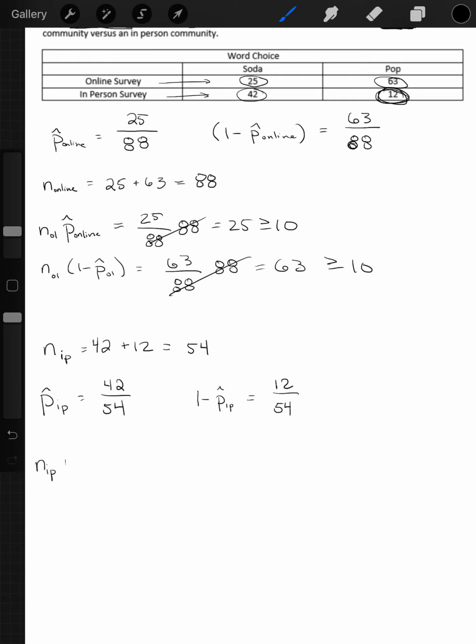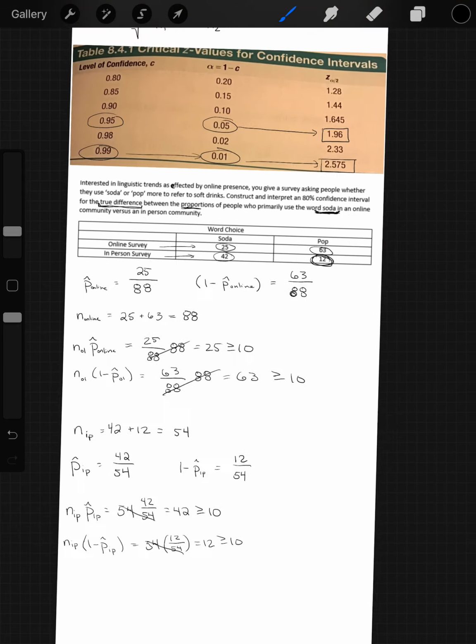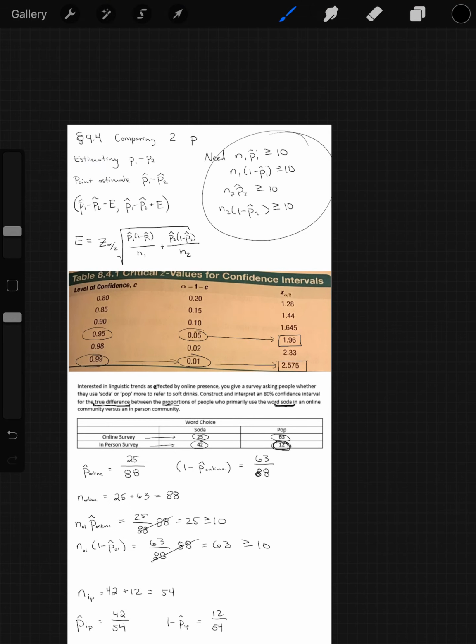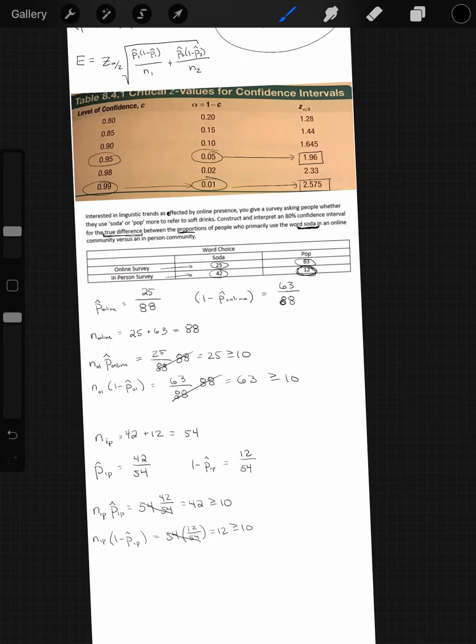So the n in person times the in-person proportion is going to be 54 times 42 over 54, which is 42, which is bigger than 10. And n times 1 minus the proportion in person is going to be 54 times 12 over 54. 54's cancel again. That's 12. That's still bigger than 10. So, we have verified that we can use this method.